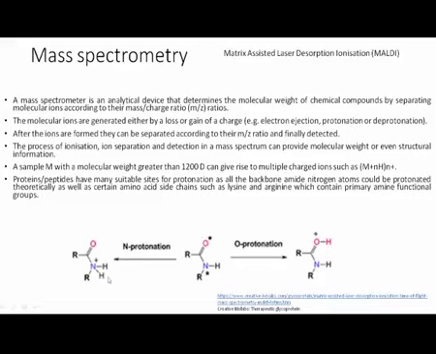Here it can be protonated, here O can be protonated, N can be protonated, and so on. Amide nitrogen atoms could be protonated theoretically, as well as certain amino acid side chains such as lysine and arginine, which have an amino group, a primary amine group, as a functional group. Once they are protonated, they become more charged, and once they are more charged, the mass by charge ratio will provide you the detection possibility.